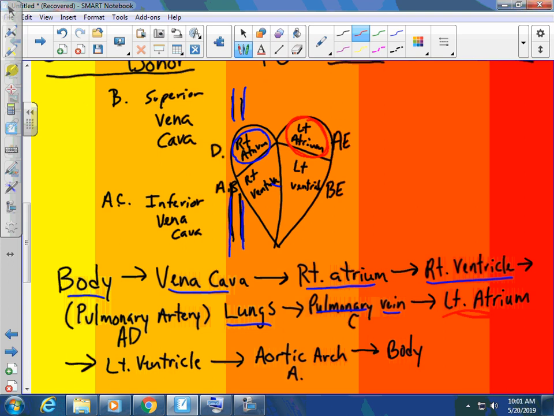Then it's going to go to the left ventricle, and then it's going to go out our main artery from the heart, which is called the aorta. It actually arches around up here, so they call it the aortic arch, but aortic arch, aorta, just know that. Same thing. That's letter A on your diagram. And then it goes back to the body to repeat the process again. Okay? So that does your diagram, and that does number 55.